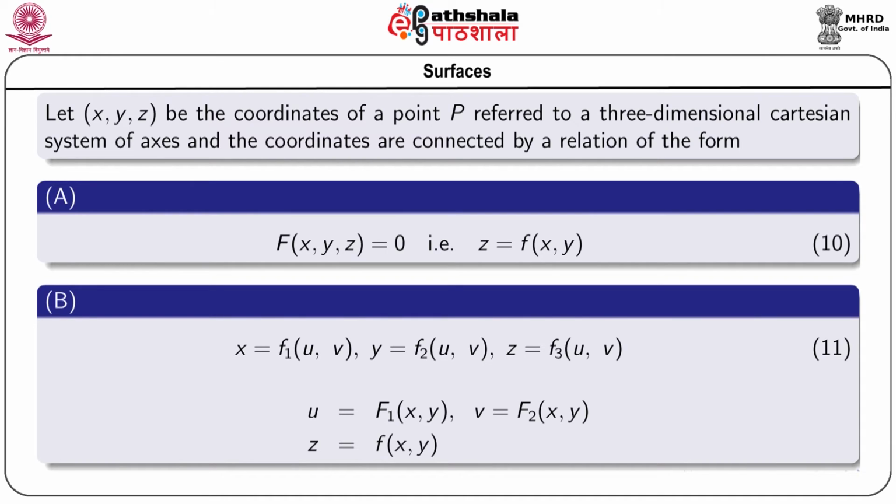Now, if we substitute the values of u and v in the third equation, that is z equals f3(u, v), that will give a relation in the form z equals f(x, y), and this is nothing but the form 10. Therefore, the equations of a surface given in 10 and in 11 are equivalent.